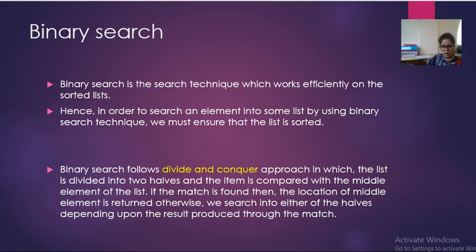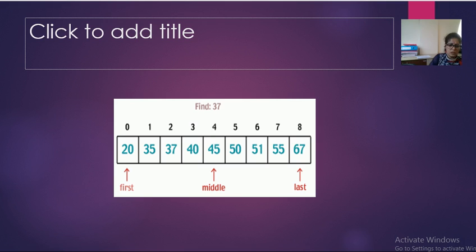If a match is found, then the location of the middle element is returned. Otherwise we have to search in either of the halves depending upon the result of the comparison. Now I want to show you this with an example, to show how we apply binary search on a list.